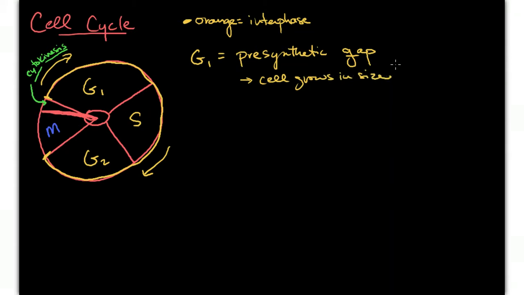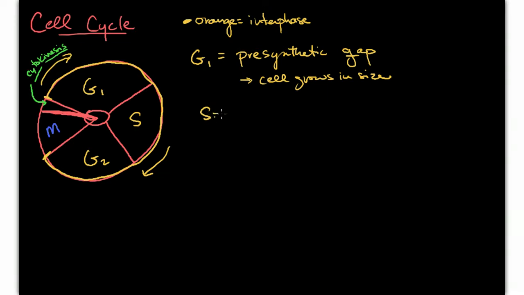When the cell starts in G1, it's the smallest it's going to be. And the cell grows in size. It's still doing its normal functions. It's part of interphase. Depending on what kind of cell it's specialized or differentiated into, it's doing its job in G1. And this is really where the cell grows in size.